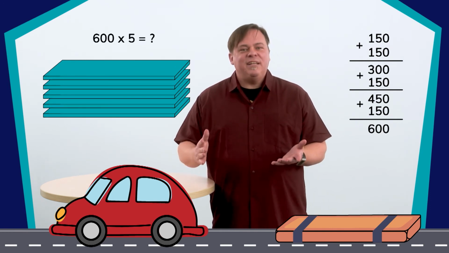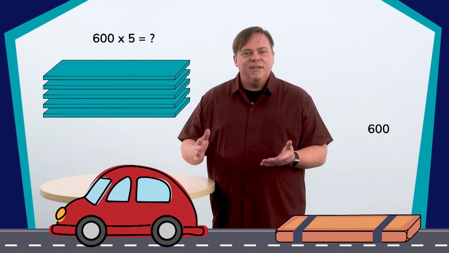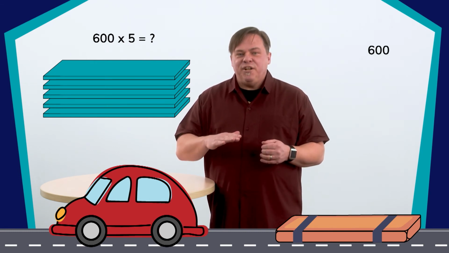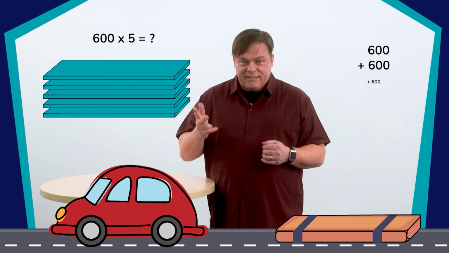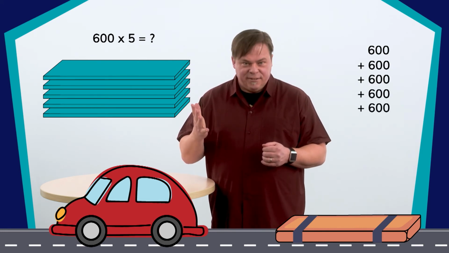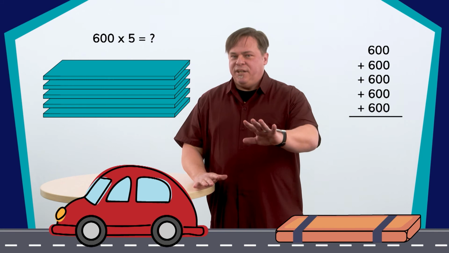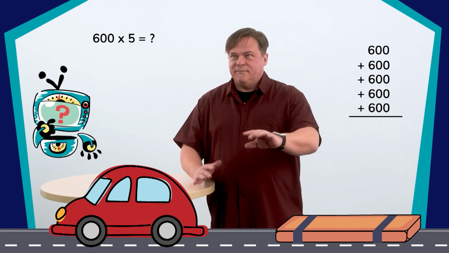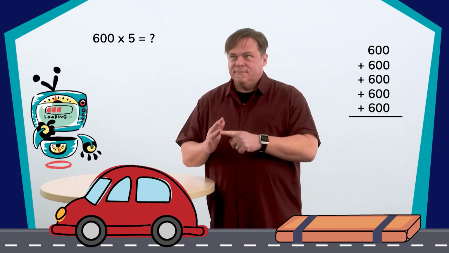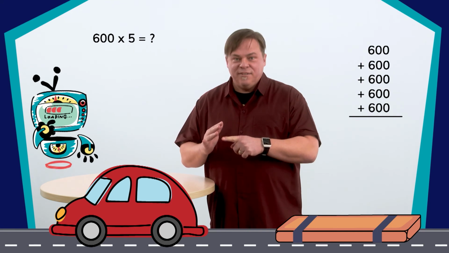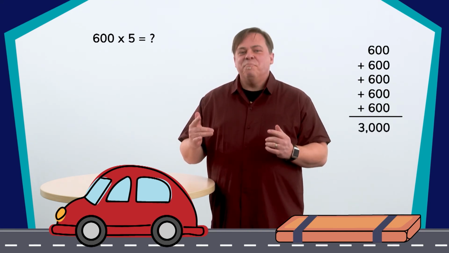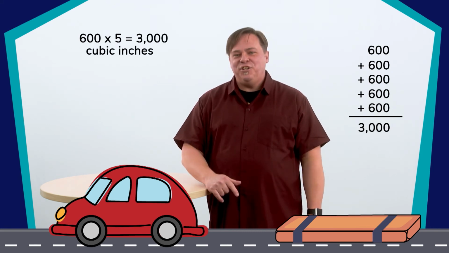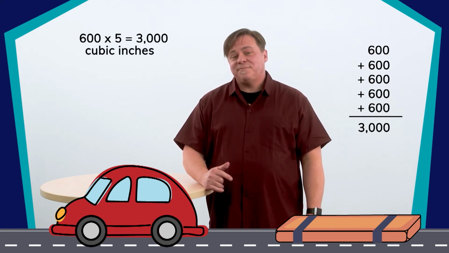I just need to multiply 600 by 5. 5 groups of 600 would be the same as 600 plus 600 plus 600 plus 600 plus 600. I'll give you a minute to figure that one out. There. Are you done? Yes, 3,000. My case is 3,000 cubic inches in volume.